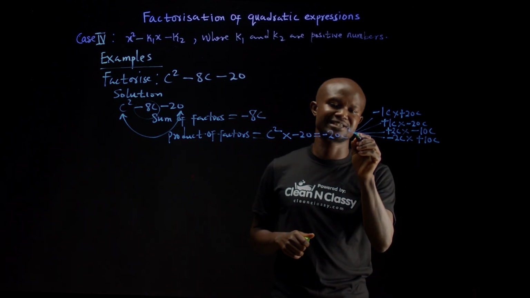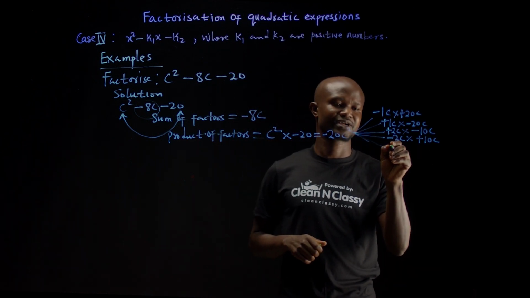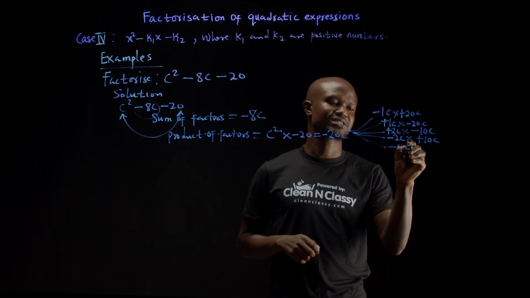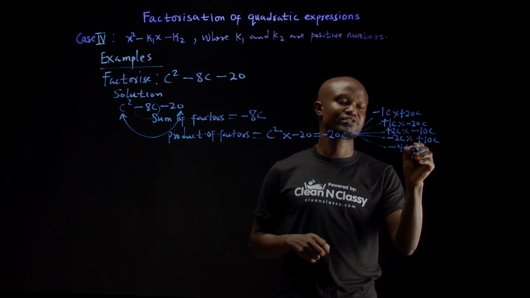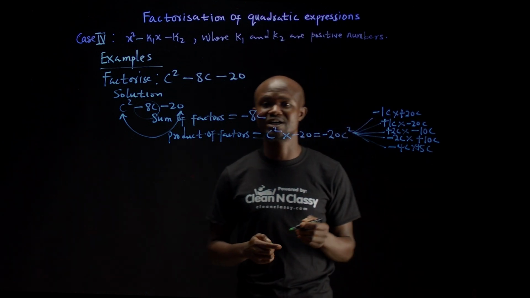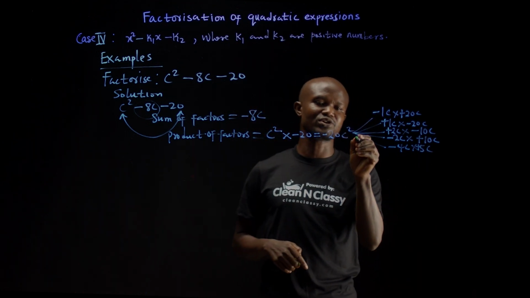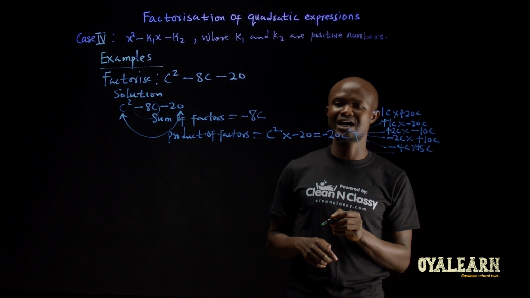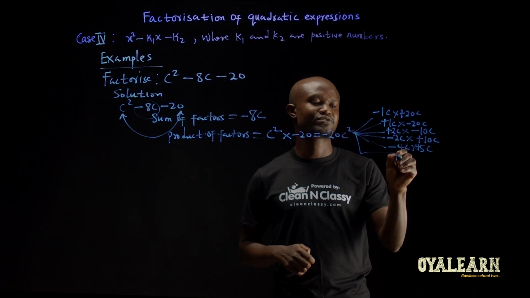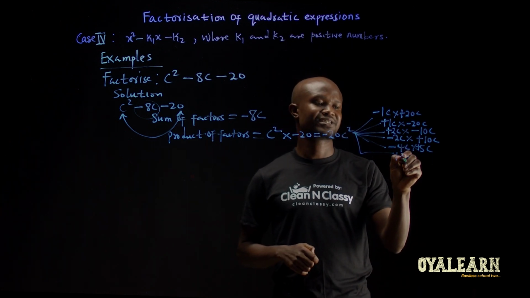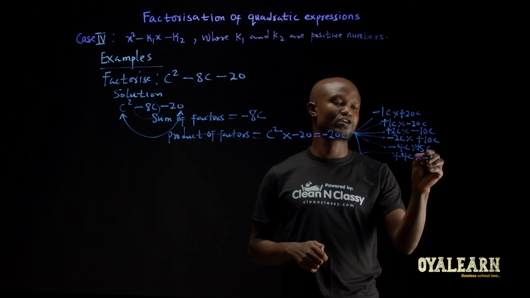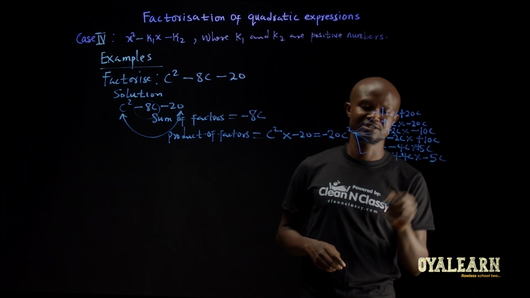And we can also break this as minus 4c times plus 5c. We can do that also. Now we can also have plus 4c times minus 5c.